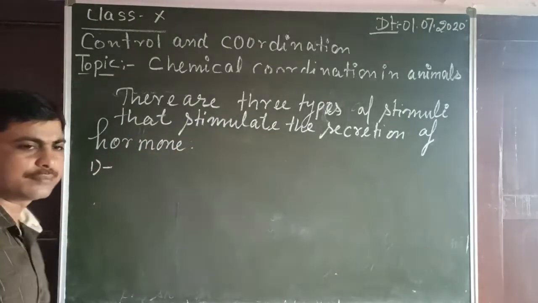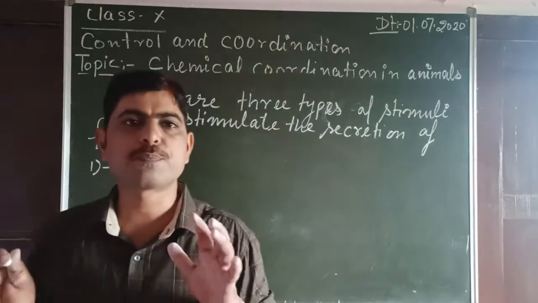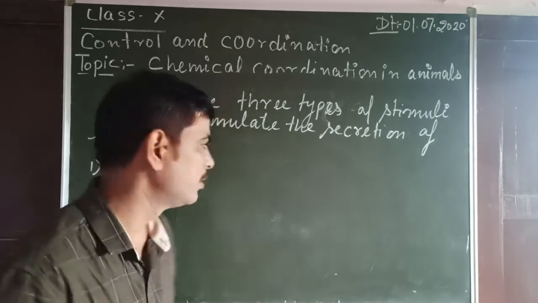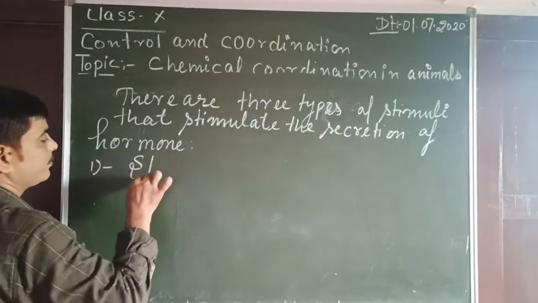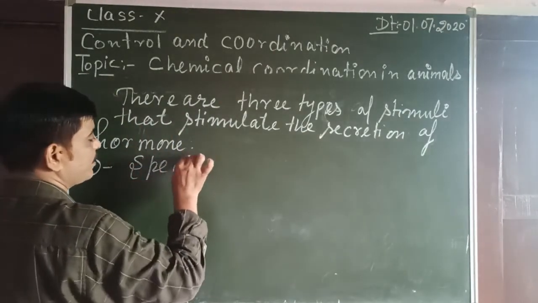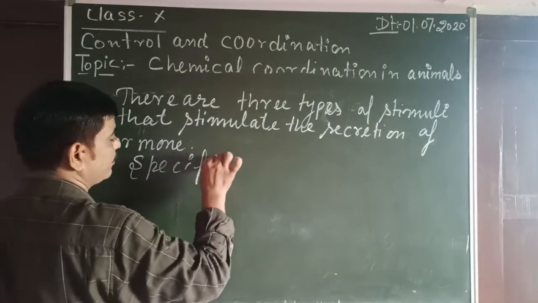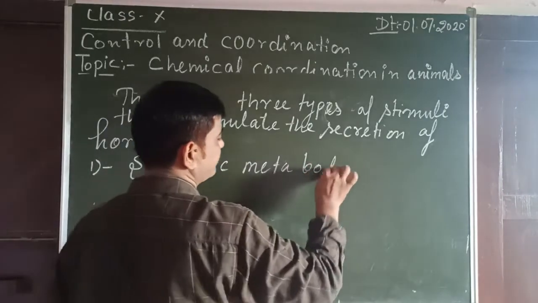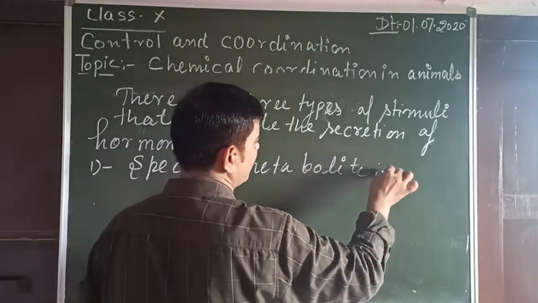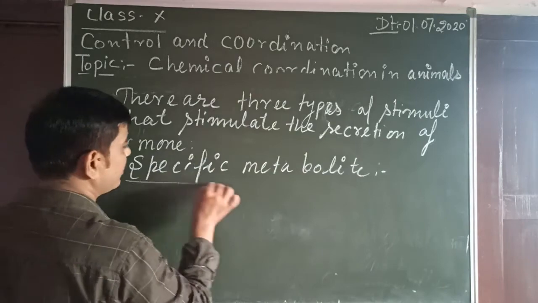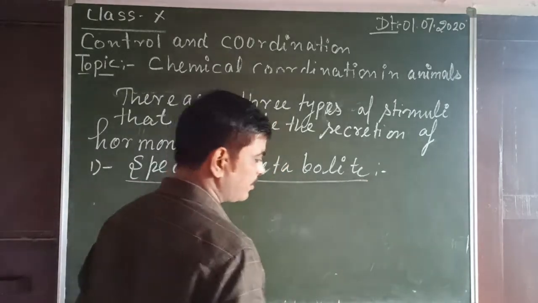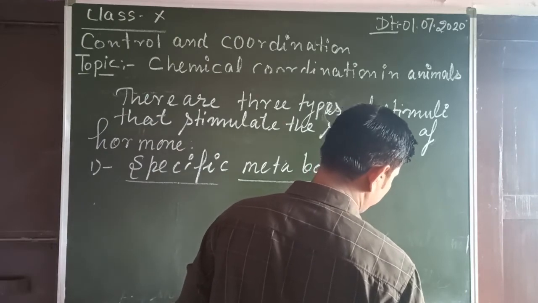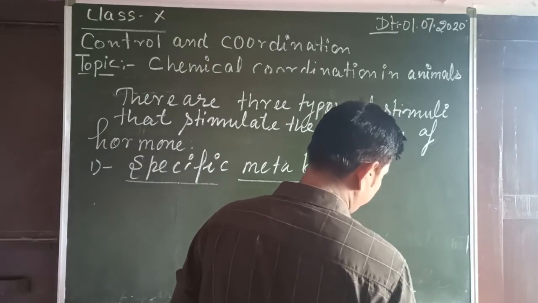One is the specific metabolite. Metabolites are the intermediates and products of metabolism.